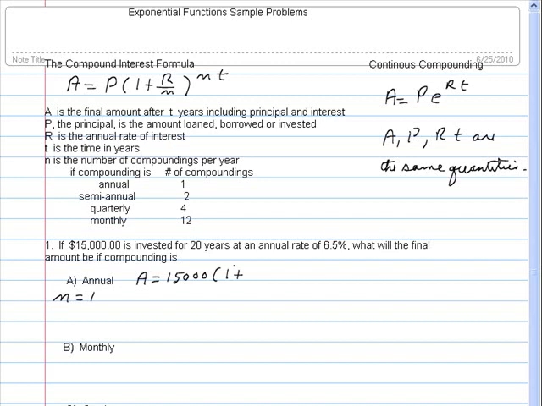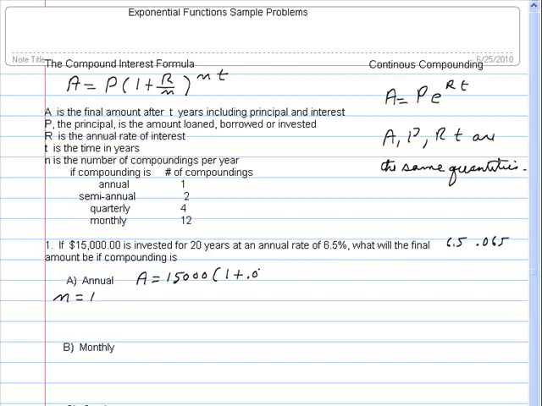1 plus, now, here I would put R over N. But since N is 1, R over N is just R, so I'm just going to put the interest rate. Now to change that percent to a decimal, you move the decimal 2 places. So right now it's at 6.5, so moving it 2 places would be 0.065.